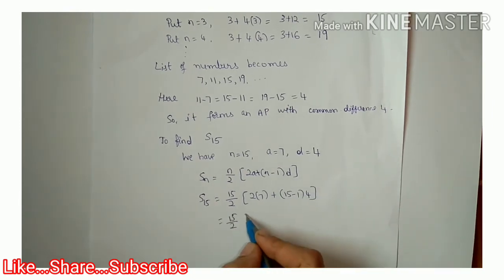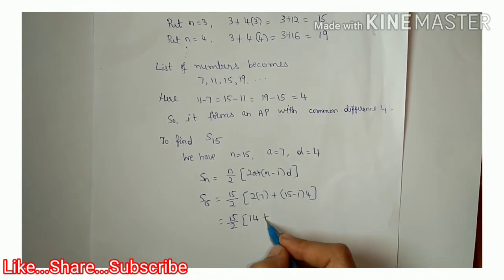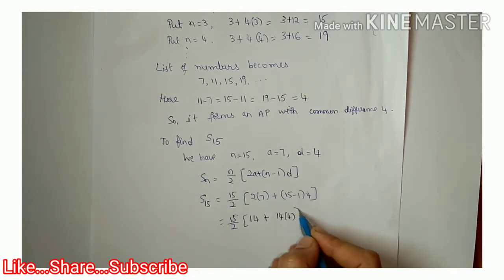15 by 2, 2 sevens are 14 plus 14 into 4.